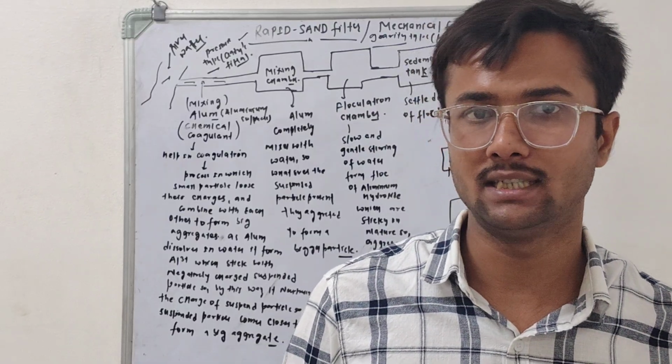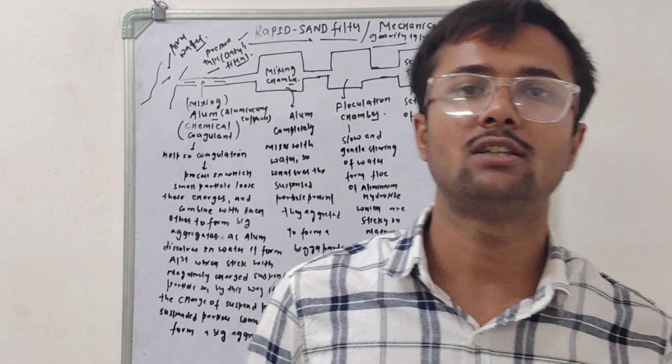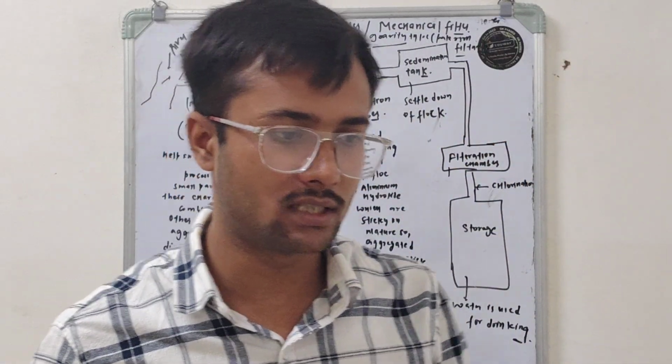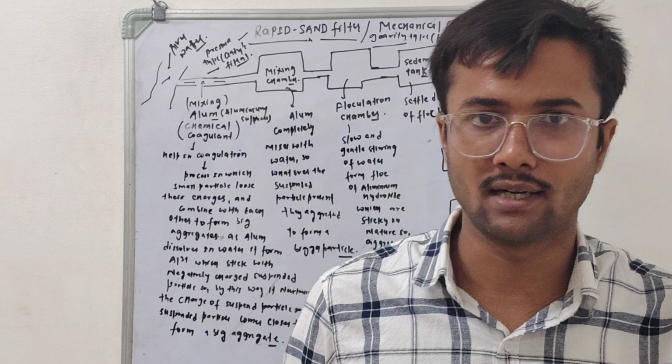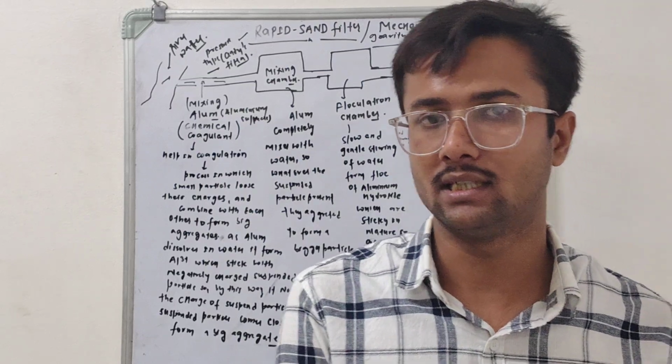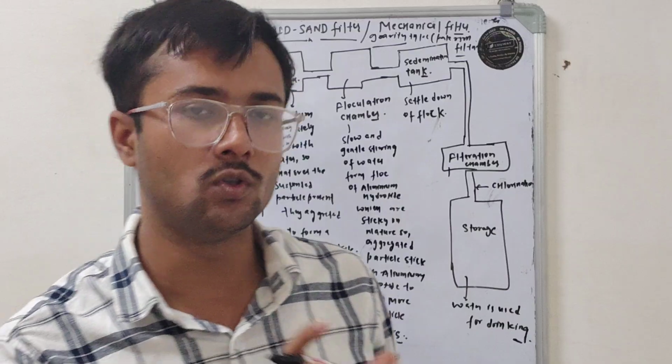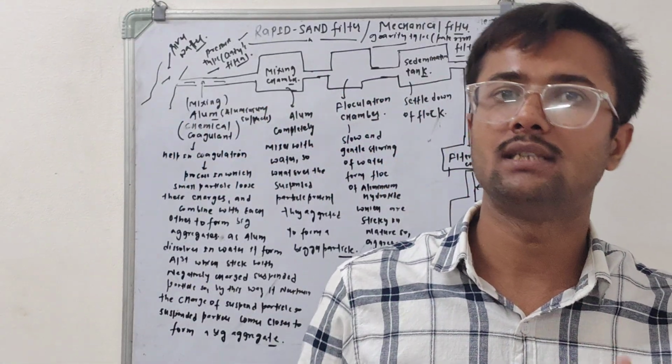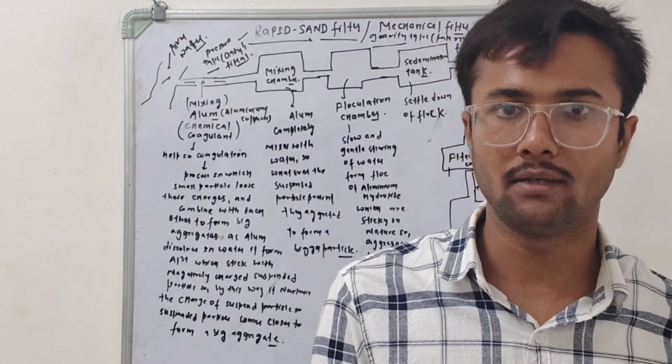They neutralize the charge, and as the negative charge of the suspended particles gets neutralized, these initially very small particles aggregate with each other to form bigger particles.